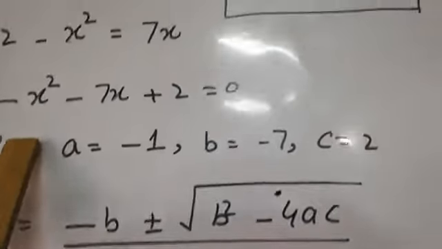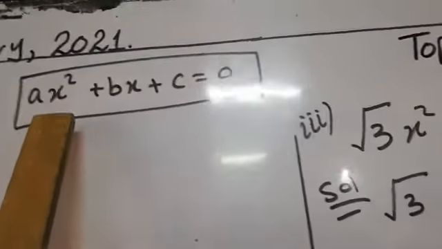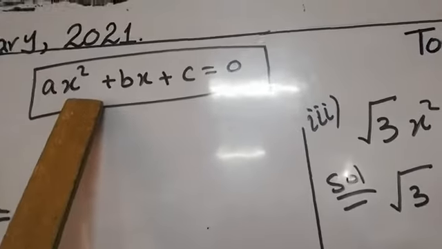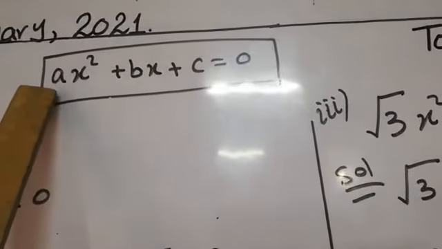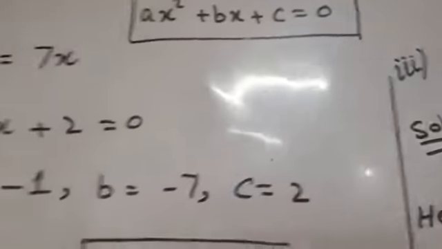And you know, my dear students, look at this standard form of the equation, ax square plus bx plus c. The value which is attached with x square is the value of a, b is the coefficient of x, and c is the constant value.